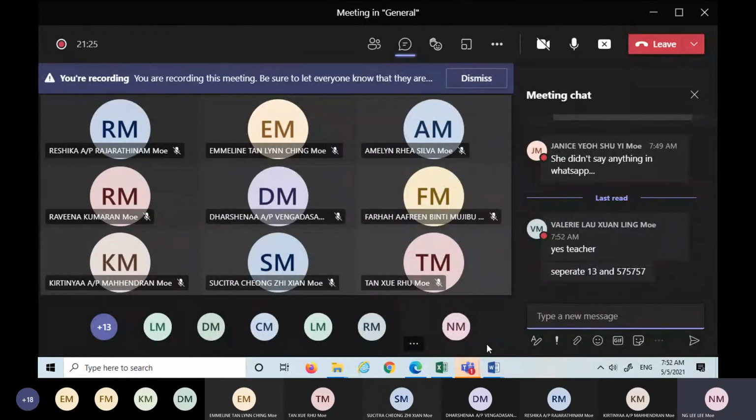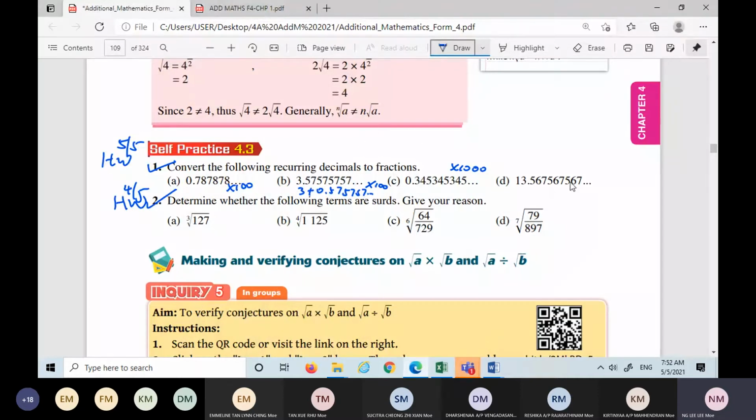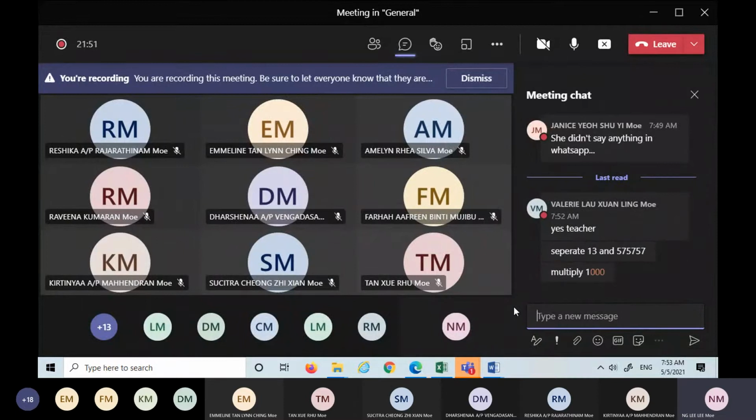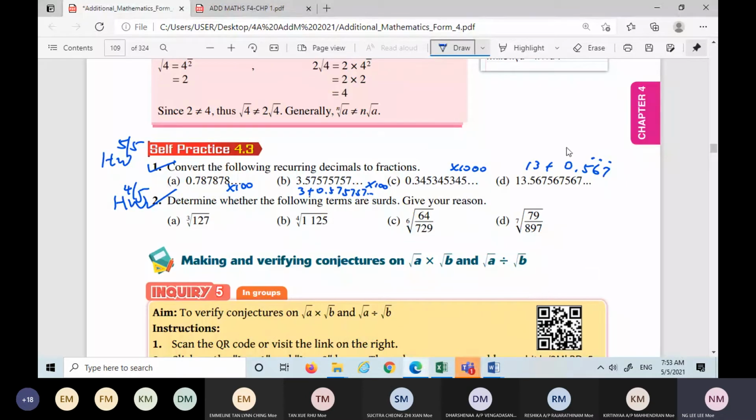Separate the 13, and then the 0.567. So you separate 13 and then 0.567. After that, for the 0.567, what do you have to multiply? Multiply by 1,000. Okay, thank you. This one, multiply by 1,000. So I think you can do it.